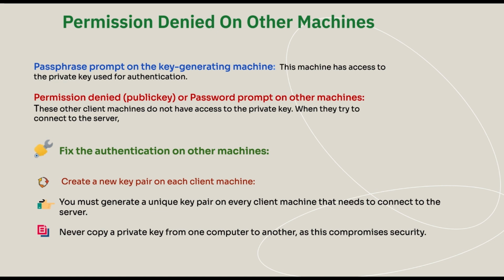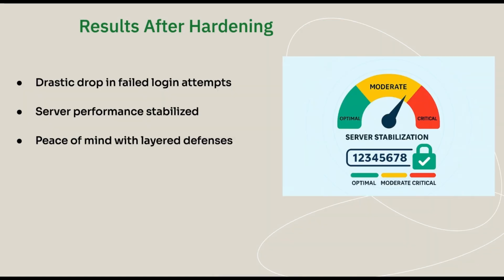So how to fix the authentication on other machines? Create a new key pair on each client machine. You must generate a unique key pair on every client machine that needs to connect to the server. Never copy a private key from one computer to another, as this compromises security.